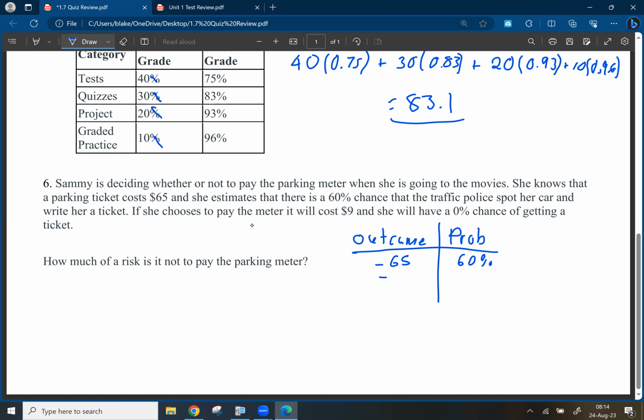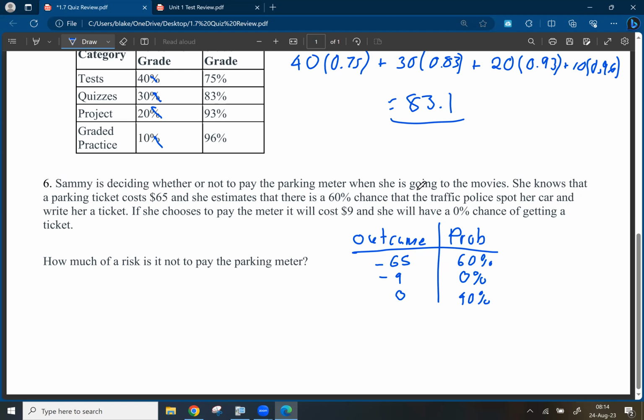However, she could just pay the $9 for the meter, and then she'd have a 0% chance of paying a ticket. The other outcome is she pays nothing. She doesn't pay the meter, doesn't pay a parking ticket because she never got caught, and there's a 40% chance of never getting caught. This is 40% because if there's a 60% chance that she does get caught, that means there's a 40% chance she doesn't.